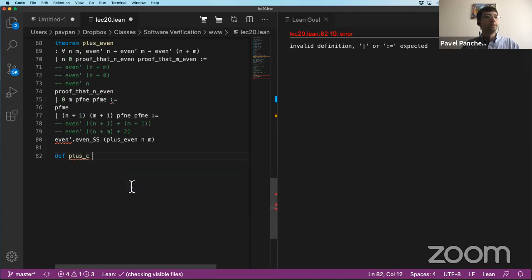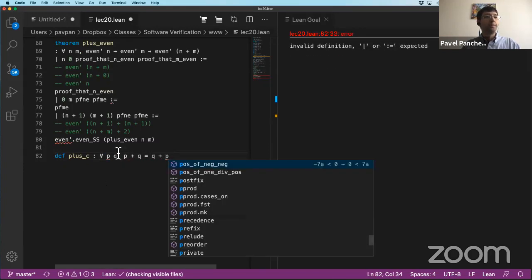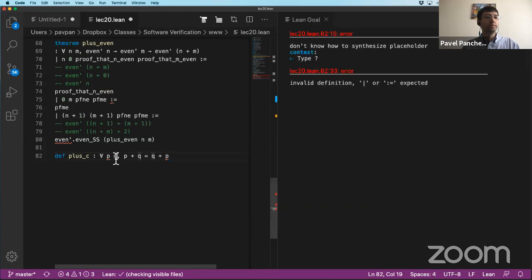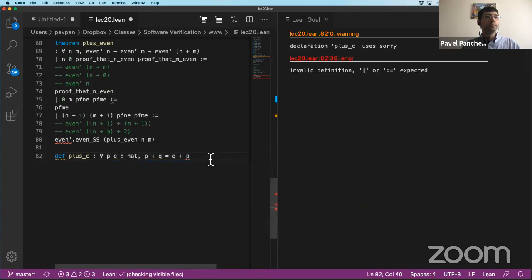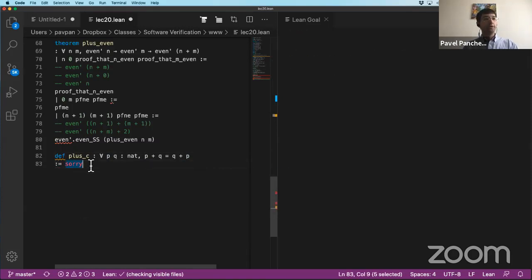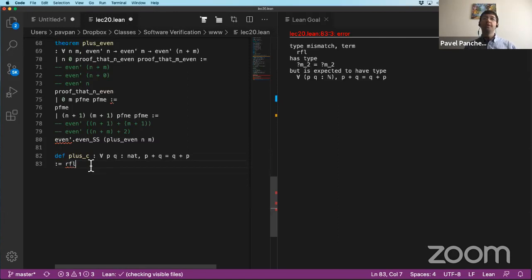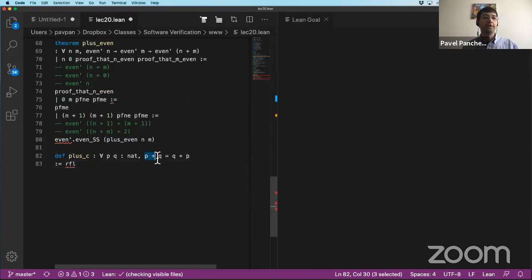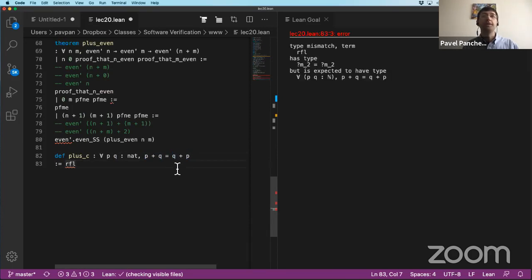So for example, here is a proposition that you might write down. In fact, it's a proposition that we think is true. However, if we try to prove it using the one method we know how, namely rfl, it will complain that it has no way of knowing that p plus q and q plus p are the same thing.